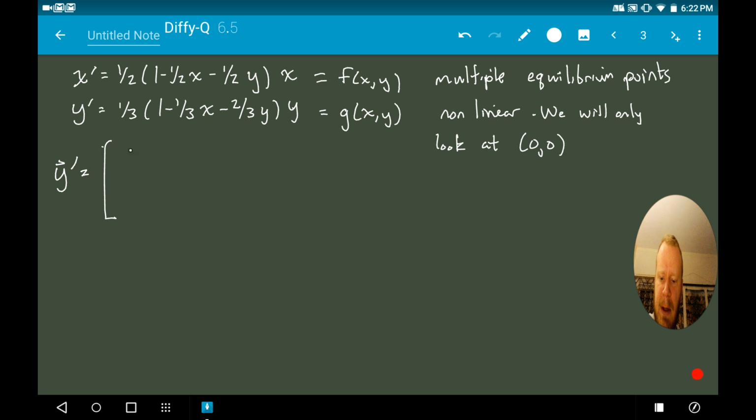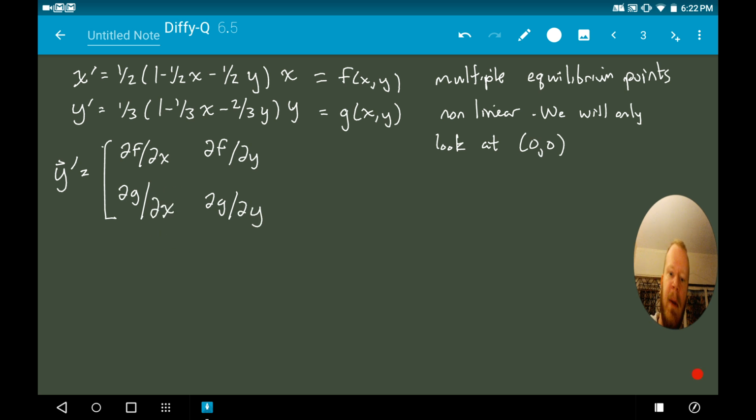So our y prime vector is equal to the matrix with del f del x, del g del x, del f del y, del g del y, times our y vector minus our equilibrium.